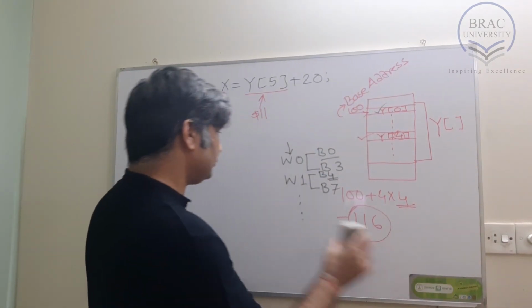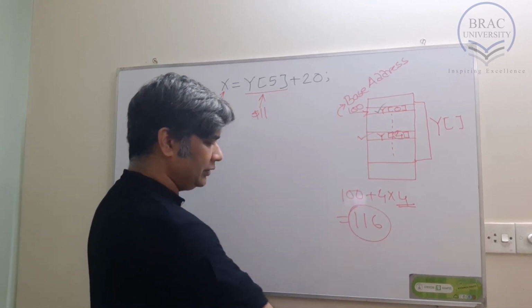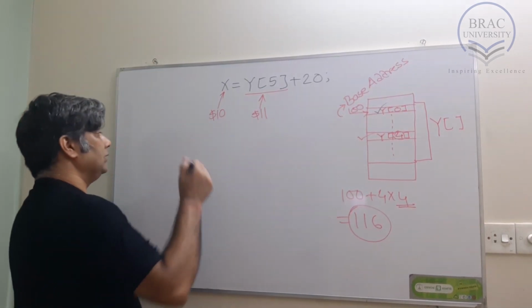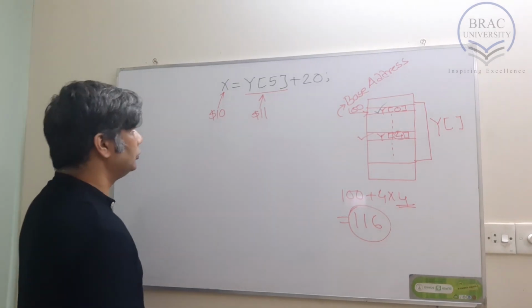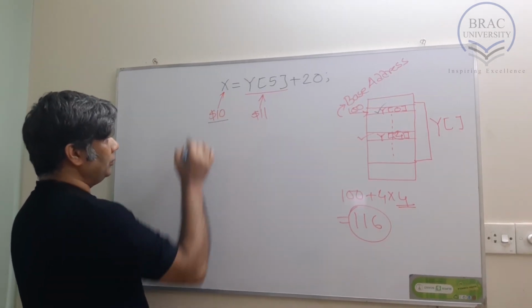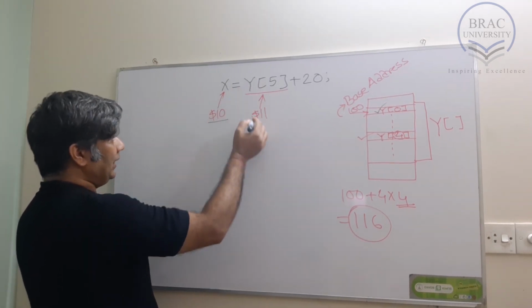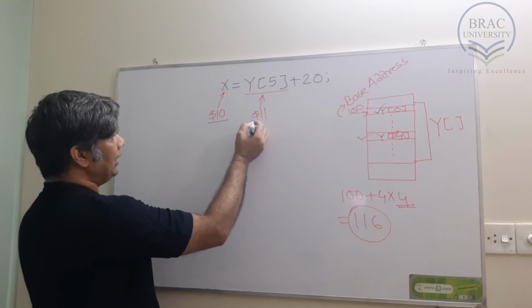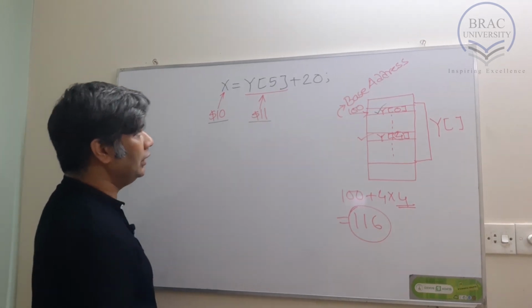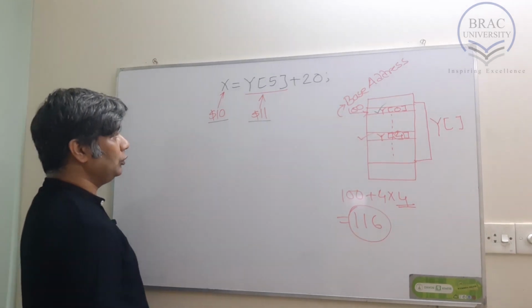Now let's generate the MIPS code for this instruction. As we have already declared, x will be in register 10, the base address of the y array is in register 11, and 20 is our integer. Now how can we do that?